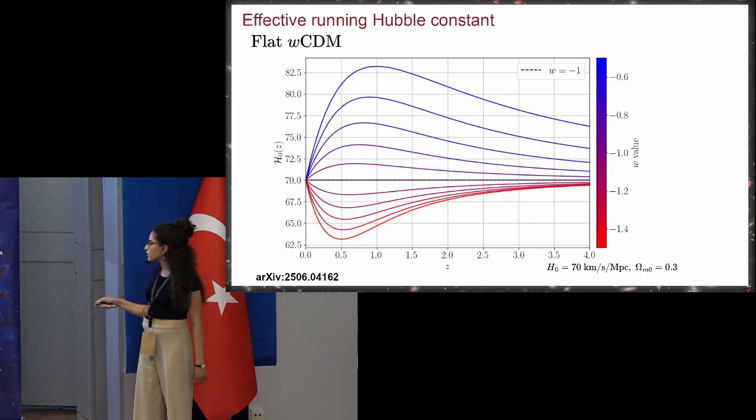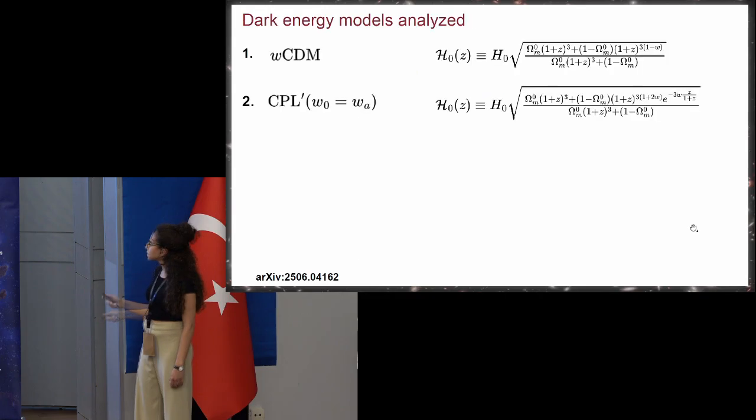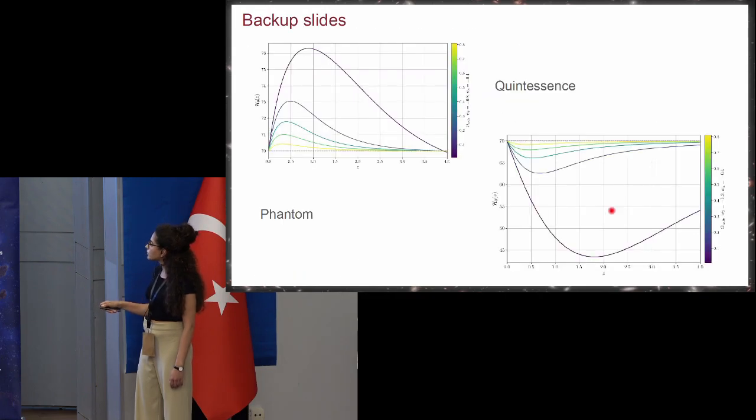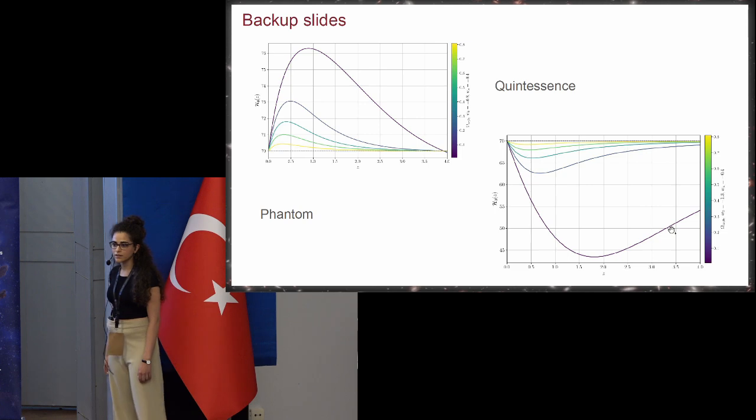And this is also true for the omega matter, as we can see here. We plotted the curves fixing H0 and w, and we see that omega matter doesn't affect the qualitative trend of the curve. So it's true also for quintessence and phantom cases.